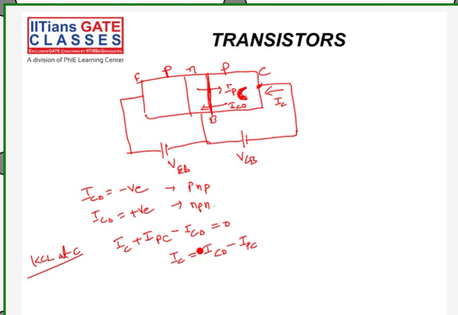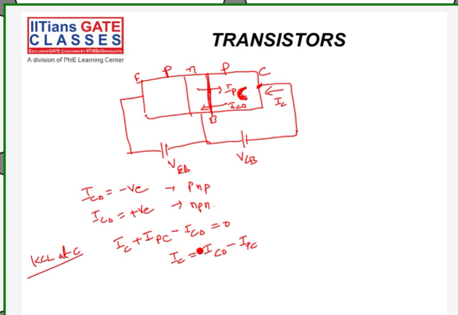IPC, I told you, is the majority carrier current, and ICO is the minority carrier current. So from this expression, I can clearly tell you the collector current is the sum of two types of currents: majority carrier current and minority carrier current.